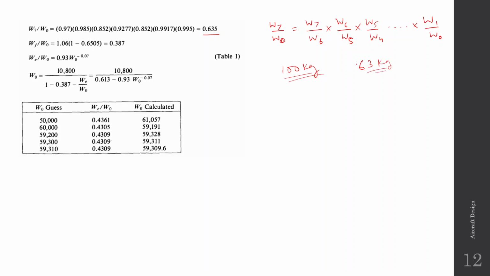If you subtract it, then obviously around 37 kg will be lost as fuel. In other words, you will require around 37 kg of fuel. So that is what we do, we subtract this ratio from 1, but we increase it by 6% because usually 6% is the reserve fuel and the trapped fuel.